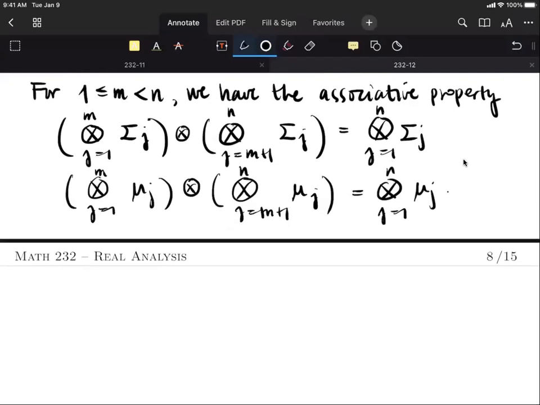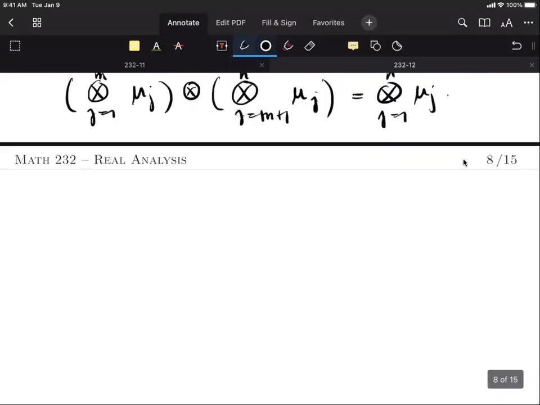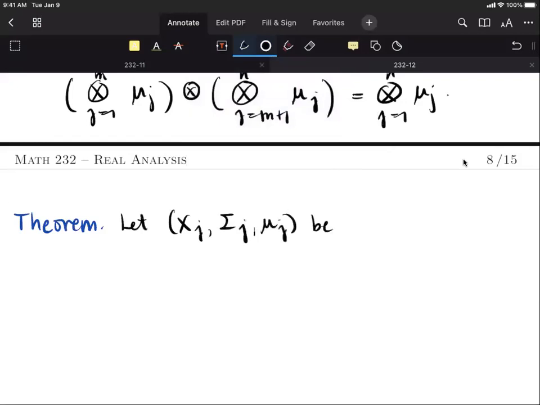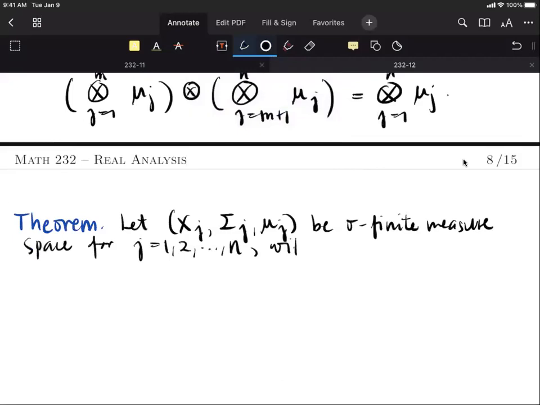So to summarize these discussions, let us state the following theorem. Consider a finite collection of sigma finite measure spaces, so let's say for j from 1 up to n, with n an integer greater or equal to 2.